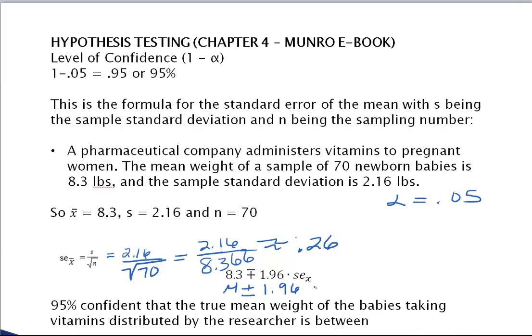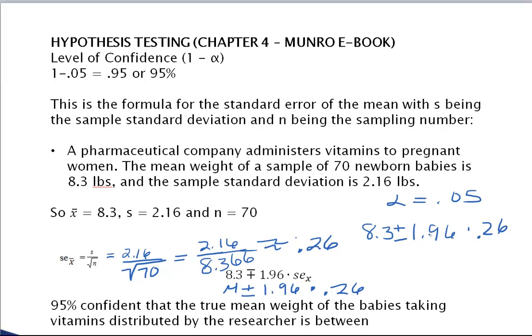So here, times it by 0.26. And our population mean is 8.3 plus and minus 1.96 times 0.26.